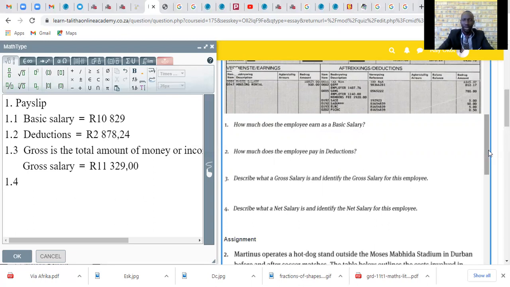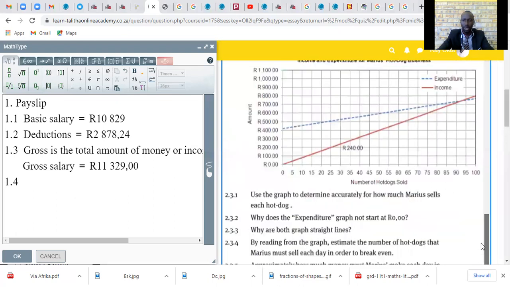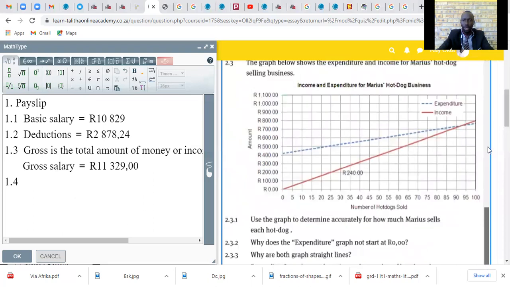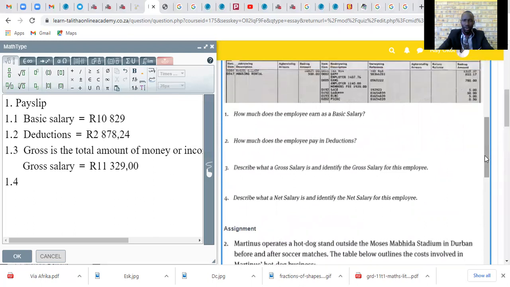Is that all? Is there some additional question coming up? I thought this question has some additional part. All right, so there we go. This is what we have so far. Describe what the gross salary is and identify the gross salary for the employee. Well, the gross salary, we did that already.